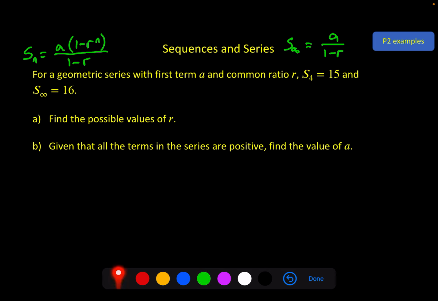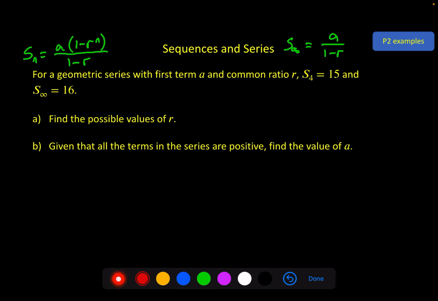Okay, what I'm going to do here is a very similar idea, although using different formulas to the last question. I've got this information, so I'm just going to put that in here and get an equation. I've got this information, I'll put that in here, get a second equation, and then try to combine the two equations to find a and r. Specifically, r for the first part. So let's do this.